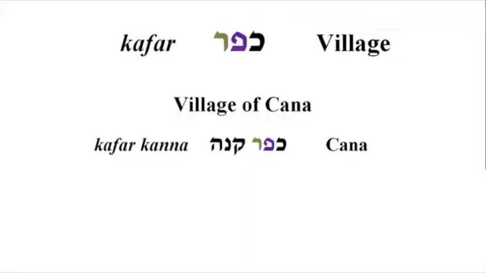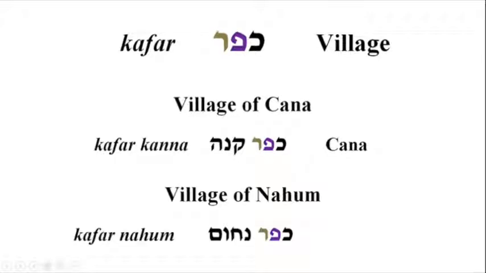So, we've said Cana, Kfar Cana would be the village of Cana. Here's one. Look at the next one here. Kfar Nahum. You know Nahum. Nahum's one of the minor prophets in the Bible, in the Tanakh. And when you say Kfar Nahum, remember the F sound in Hebrew can also double as the P sound.